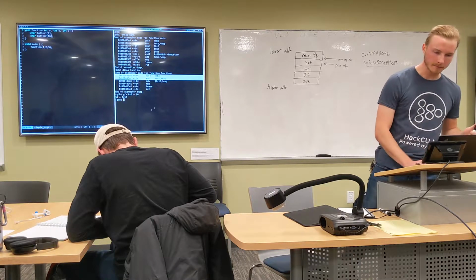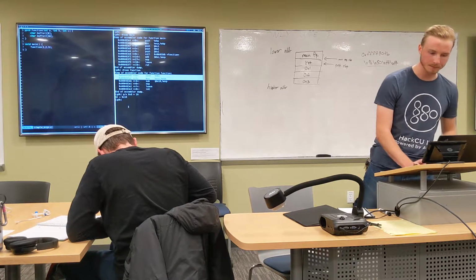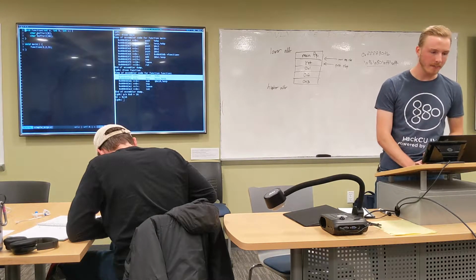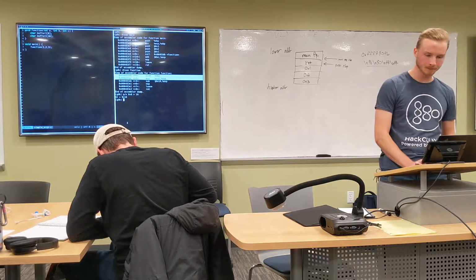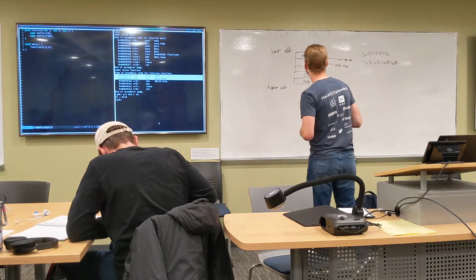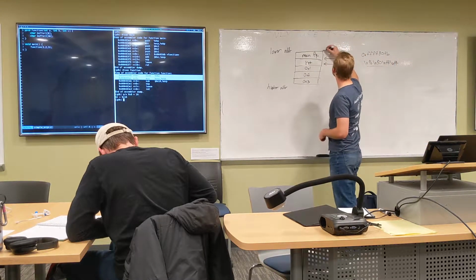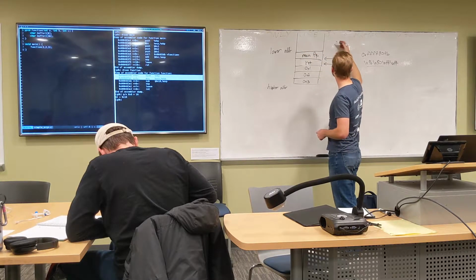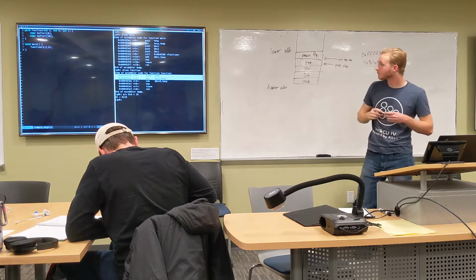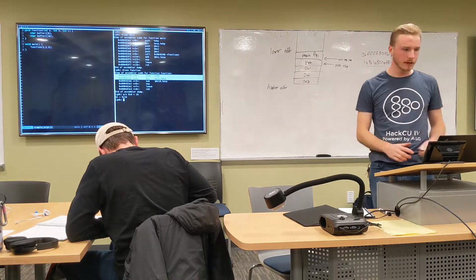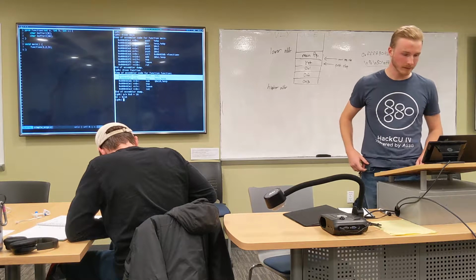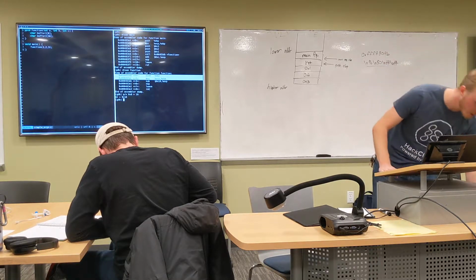I'll go through this command in a minute, but 18 in hex is room for 8 bytes of buffer 1 and 16 bytes of buffer 2, right? And that's where we're carving out a chunk of this stack for local variables. And then this function's boring, so nothing else happens, and then we just return back out, okay?